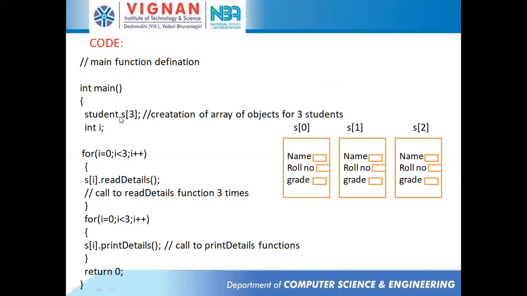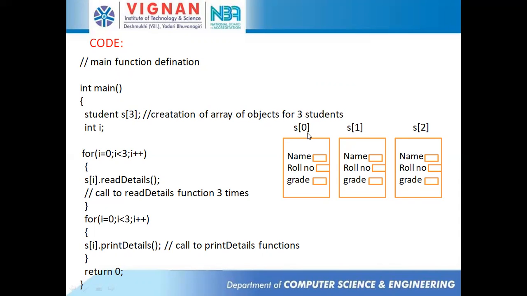Each object stores one student's details, and because we need three students' details, we need three objects. Instead of creating 3 separate objects, we create an array of objects of size 3. You can see in the diagram on the right side: S of 0, S of 1, S of 2. One copy is created for each object.